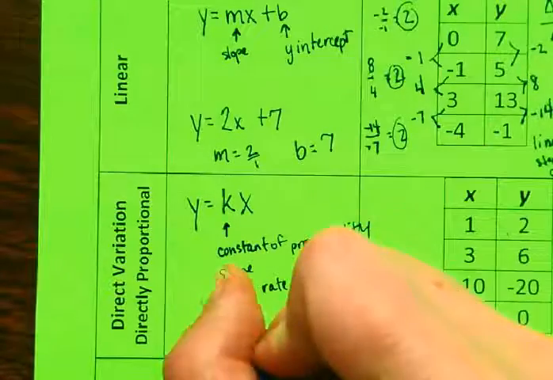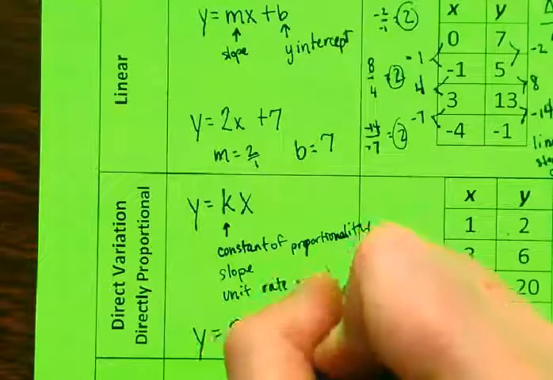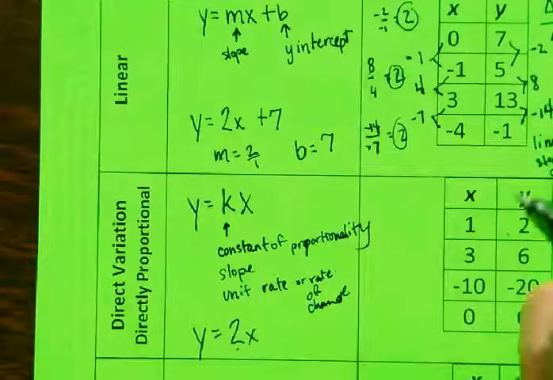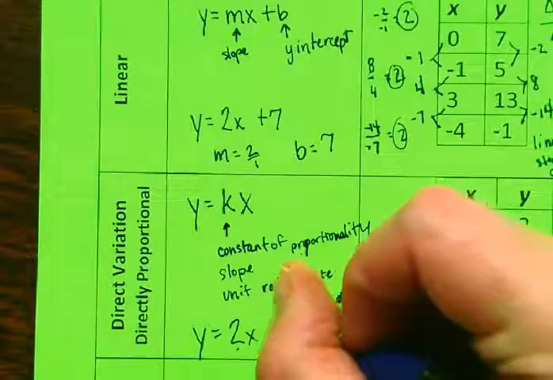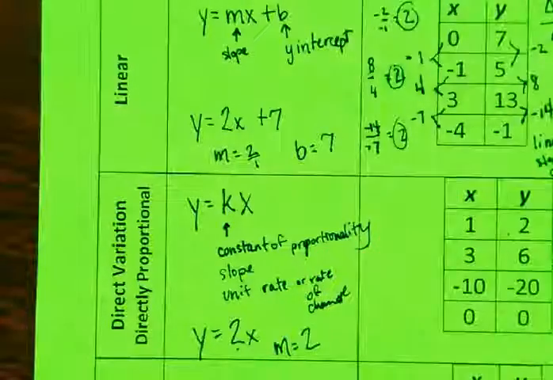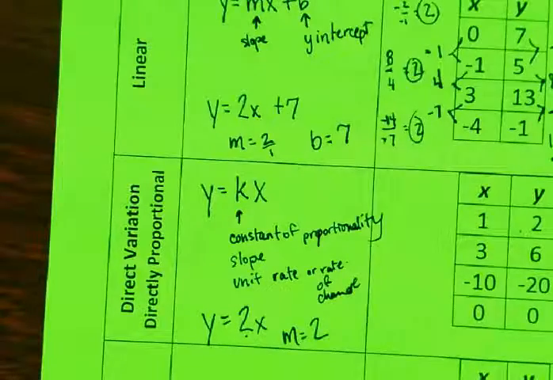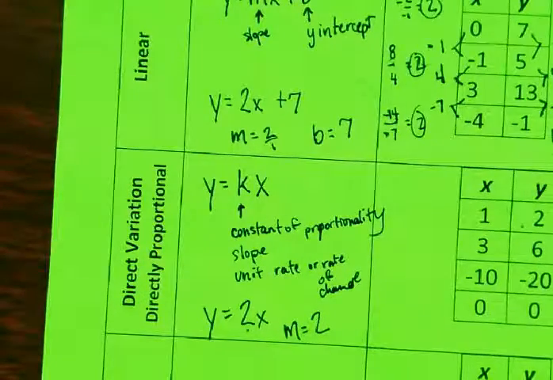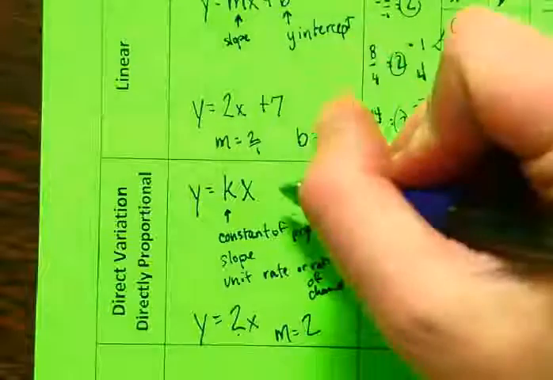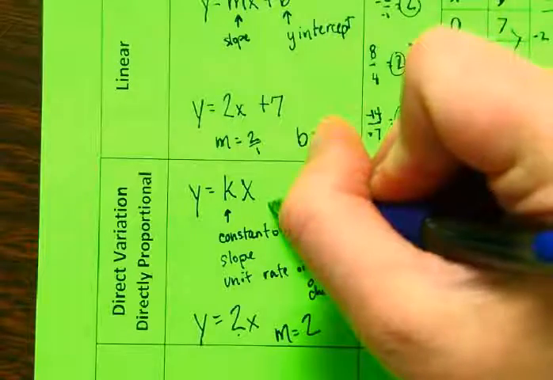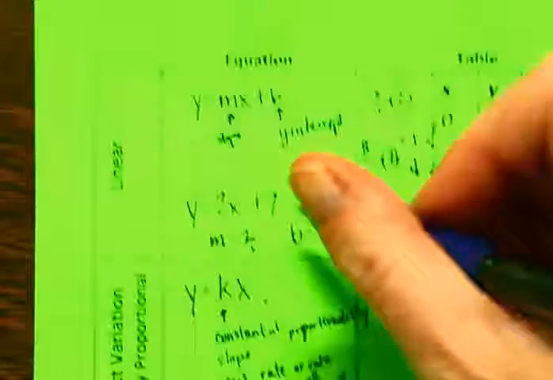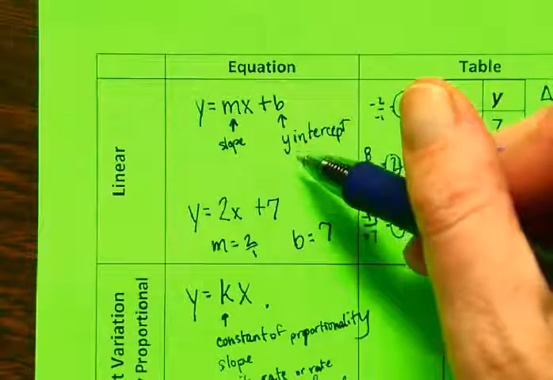An example of that is y equals 2x, where 2 is the slope, or the constant of proportionality, or the unit rate. It's all of those things. Now, the thing that's important here is the difference between a direct variation and a linear relationship.